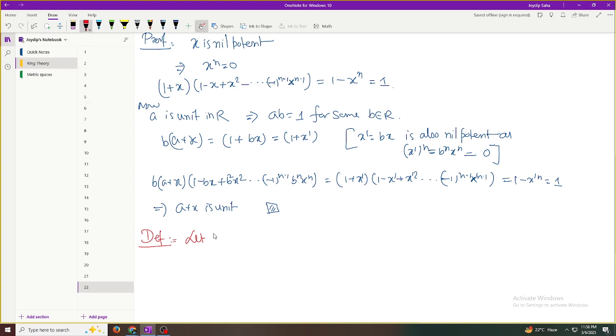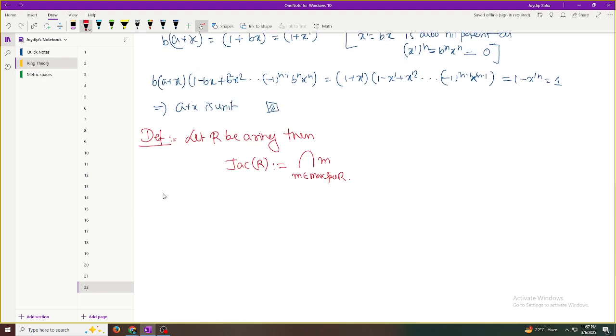Let R be a ring, then the intersection of all maximal ideals is called the Jacobson radical.